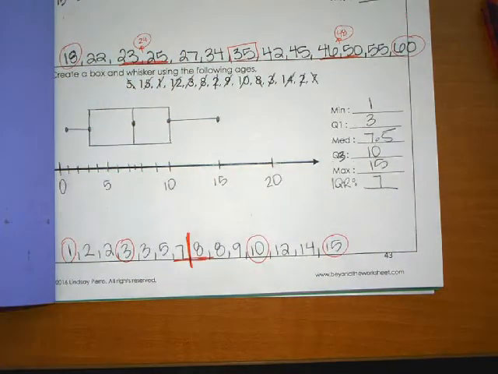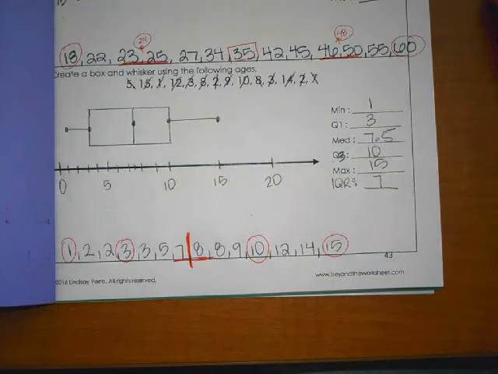And when you are done, yours should look very similar to mine. The only difference is going to be how you spaced out your numbers. If you spaced out your numbers differently than I did, it's going to look a little bit different.